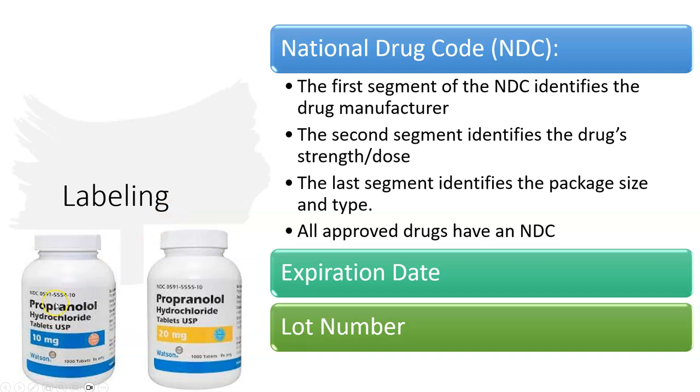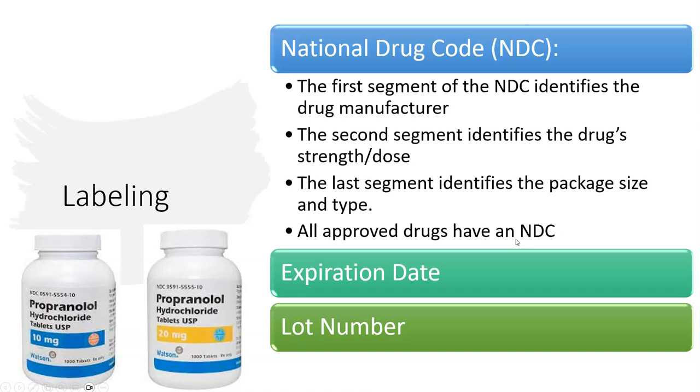The 10 milligram is 5554, but the 20 milligram is 5555. When this gets plugged into a computer, it would identify the correct drug. The last segment is the packaging. For Watson, 10 means that it's a 1,000 count tablet bottle. All drugs that are approved have an NDC number.